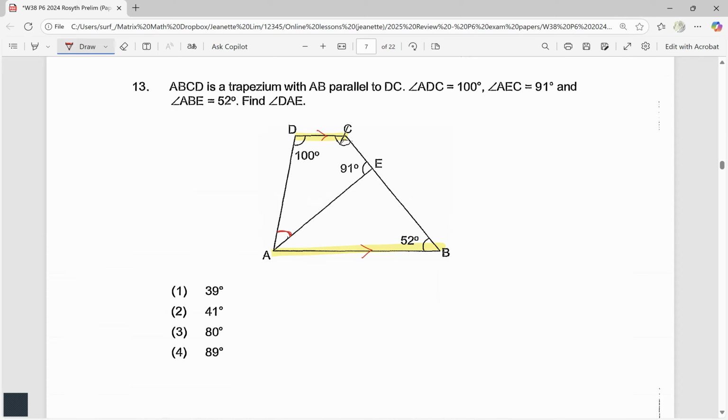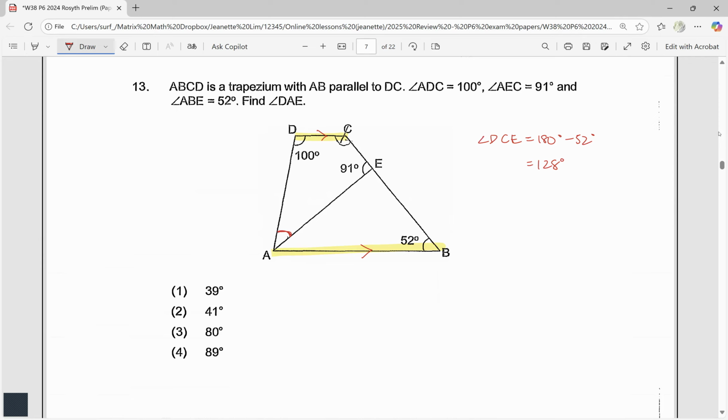So I can find angle DCE first, which is 180 minus 52. Then you get 128. So this over here is 128 degrees.